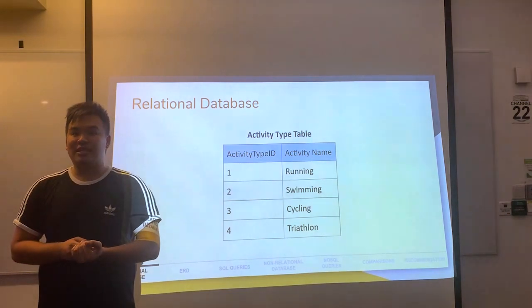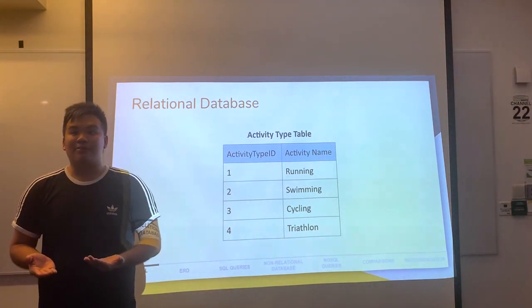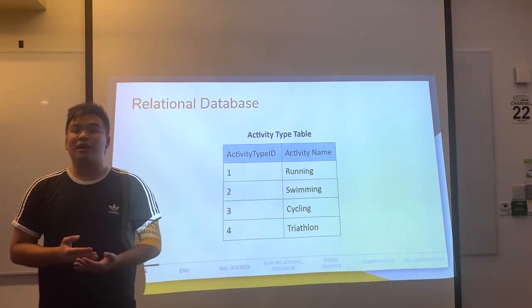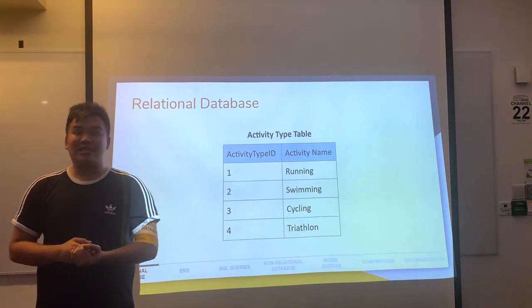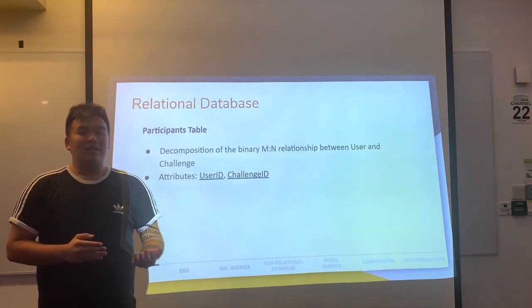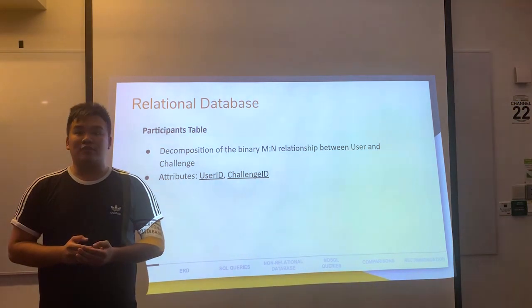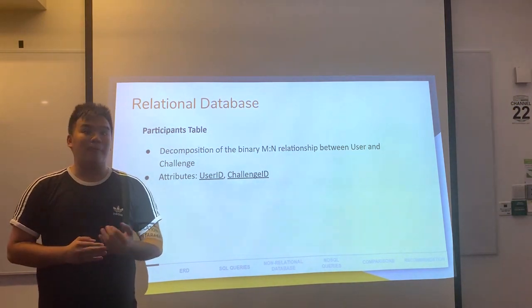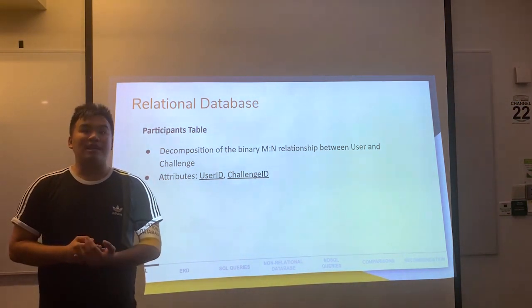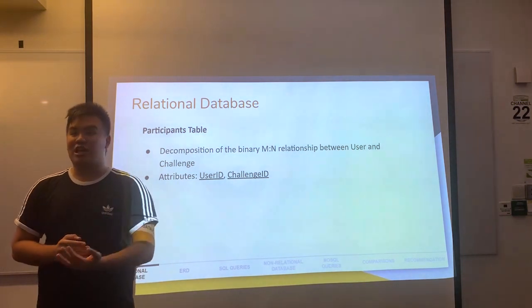After removing activity name, we created an activity type table to categorize and label activity names with activity type ID. Next, the participants table was formed from the decomposition of the binary many-to-many relationship between user and challenge.